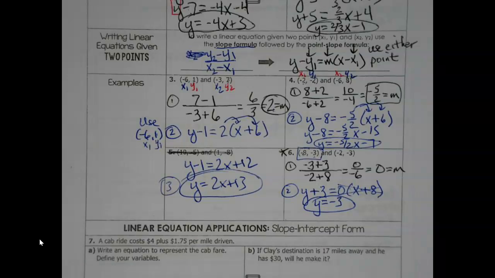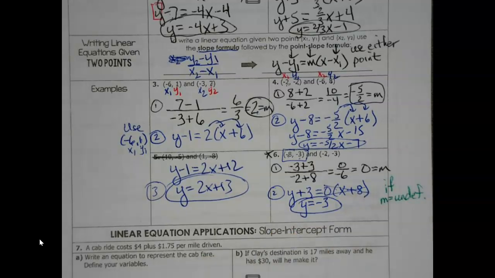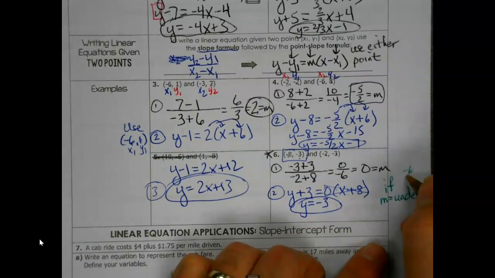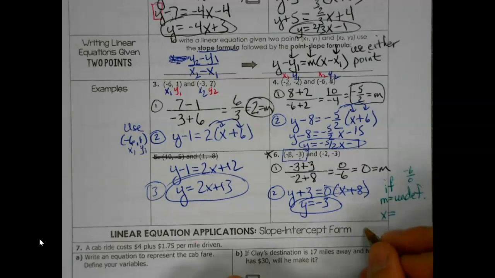Now, I will mention one thing because you might get a funny little twist that comes up. I'm going to use one of my other colors here just in case. If m ends up undefined, so like you ended up with something divided by 0, x is going to equal the x value of the coordinates.